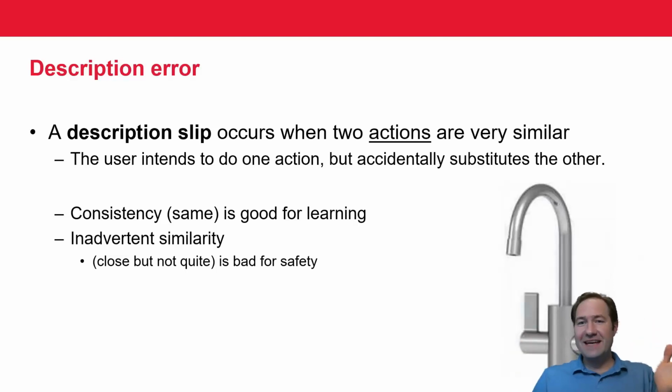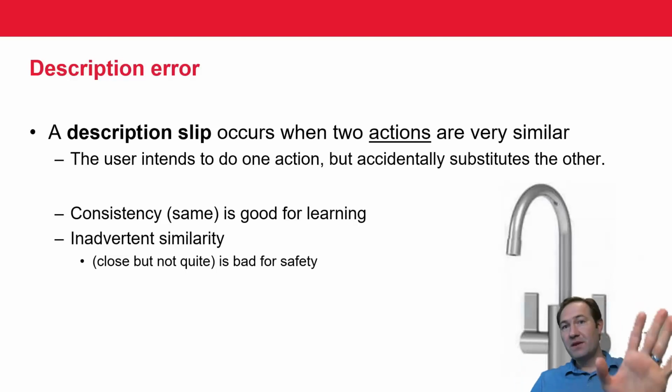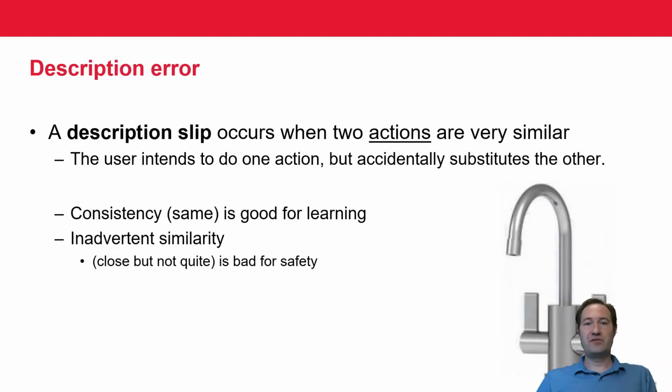But because that's the case, the two handles look identical, and so it's easy to make an accident between one or the other. So if you've ever turned on the water thinking you were turning on the cold and it actually turned out to be hot and burned yourself, that is a description slip. We're actually supposed to know which side is which, but I can never keep track of that. So that's why I use the faucet as an example for description slip.